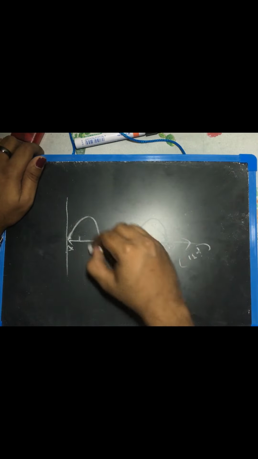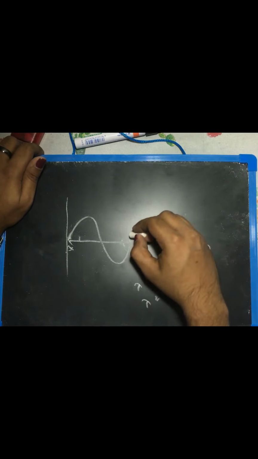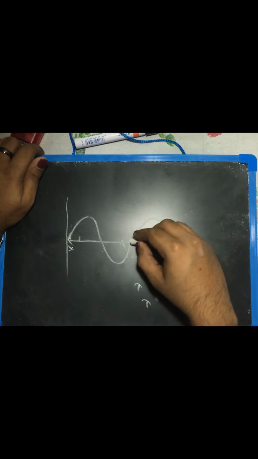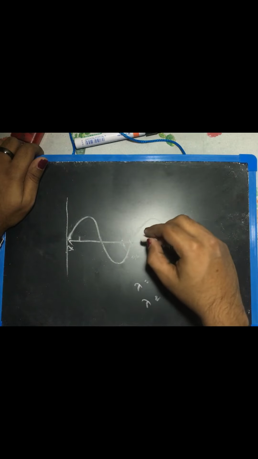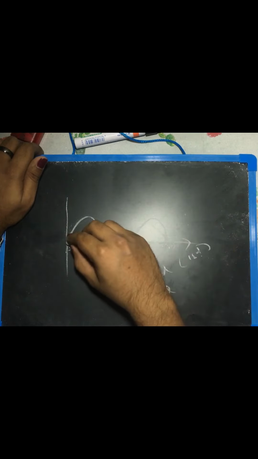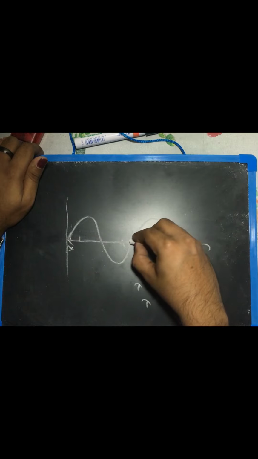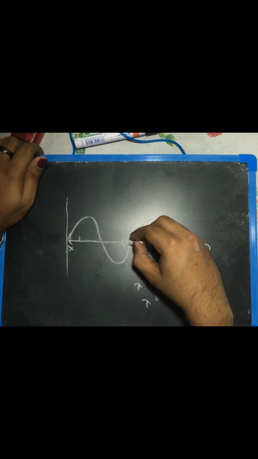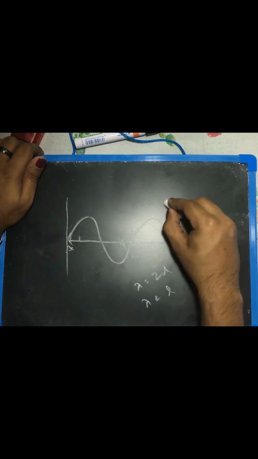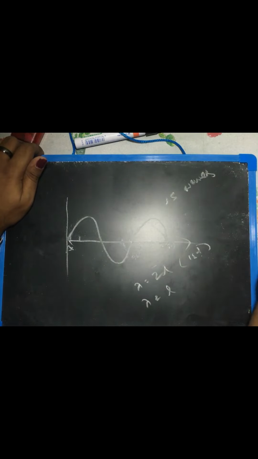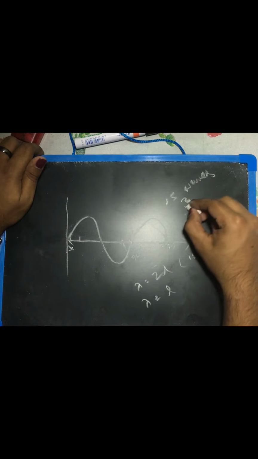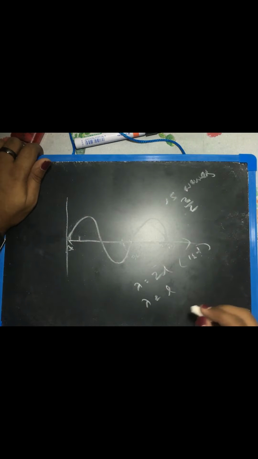I've told you guys one complete wave is always 360 degrees. So here, how many wavelengths are there? Basically, one complete wave is formed at this position, and then we have another half of it. So we have 1.5 waves here, which is 3 by 2. So the wavelength here is 2 by 3L, right?